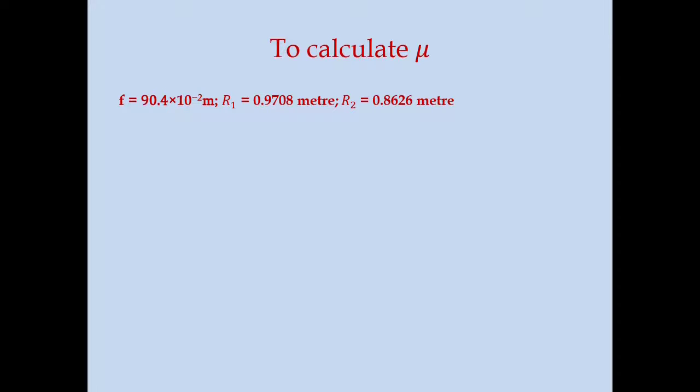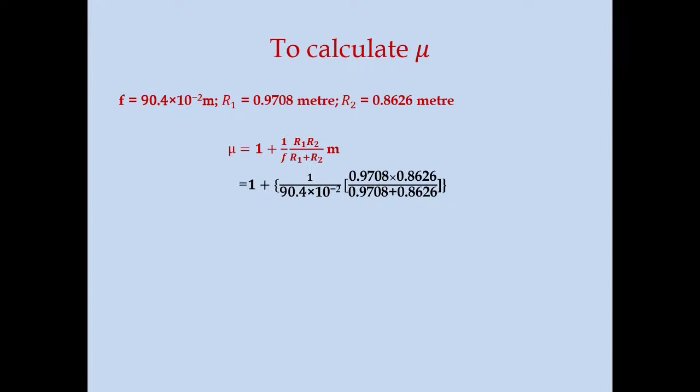So f is 90.4 into 10 power minus 2 meter, R1 is 0.9708, R2 is 0.8626. The formula to calculate mu is 1 plus 1 by f into R1 R2 divided by R1 plus R2. Actually, in the formula a meter is written there, it is not meter.